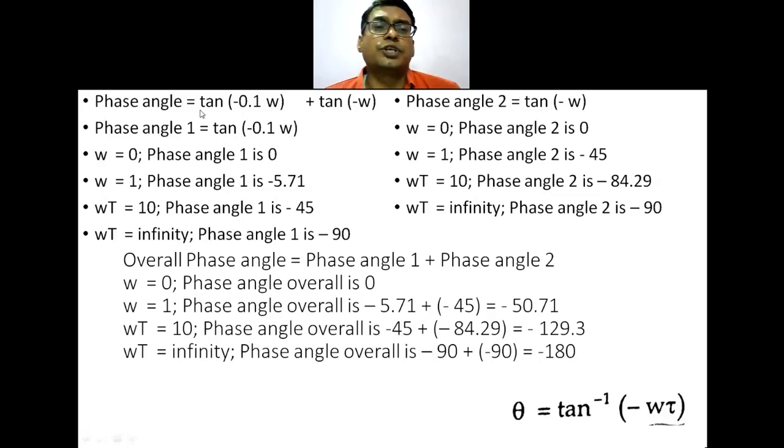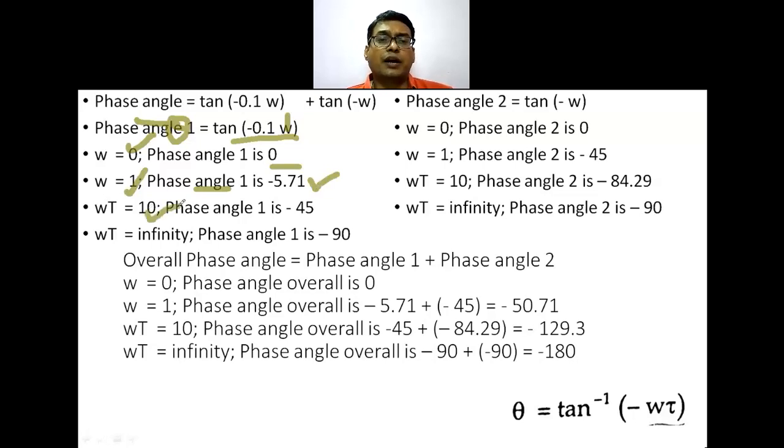So substituting omega equal to 0, the phase angle theta 1 is nothing but 0. So when omega is 1, this is phase angle 1, substituting the value of omega as 1, you will get the phase angle value minus 0.57.